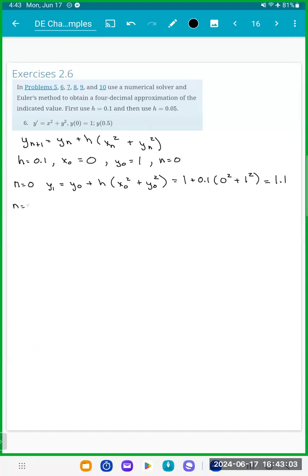Because when I look at n equal to 1, that is 1 plus 1, so now I'm looking at y2. y2 equals y1 plus h times x1 squared plus y1 squared. So this now gives me a value of, we're looking at our x value.